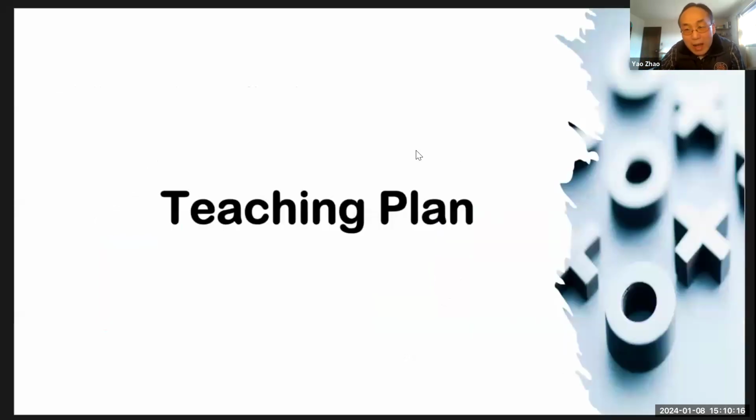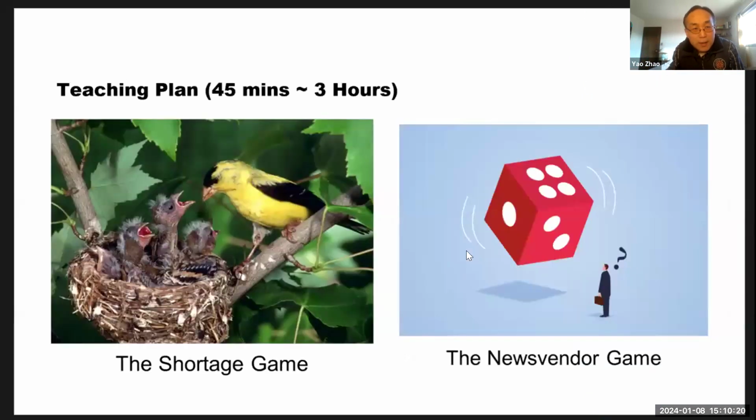Okay, now let me lay out the detailed teaching plan. The game has been used to cover class time by different instructors, depending on your needs, ranging from 45 minutes up to 3 hours. If you only play the shortage game, or only simulate panic orders and hoarding, it takes about 45 minutes.